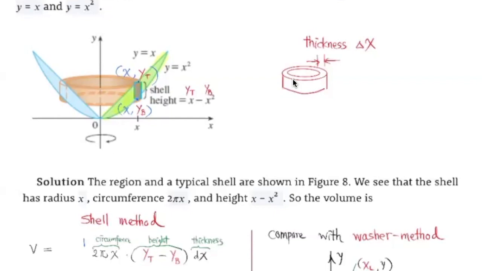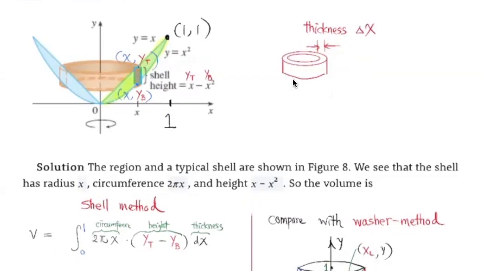And then the integral corresponding to the solid will be this integral. X goes from 0 and ends at 1, because they intersect at this point 1 comma 1. So this is the shell method.